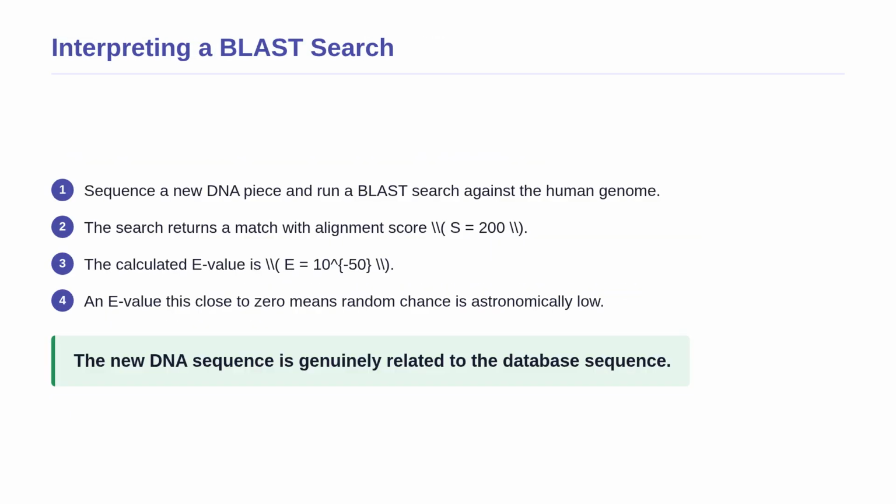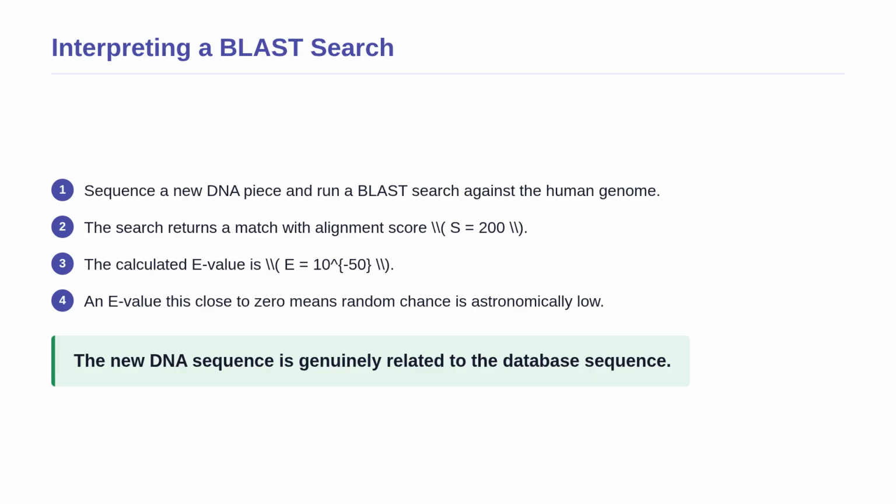Let us interpret a real-world BLAST search using this formula. Suppose you sequence a new piece of DNA in the lab and run it against the entire human genome database. The search finishes in seconds and returns a match with an alignment score of 200 and an e-value of 10 to the power of negative 50. What does this mean?